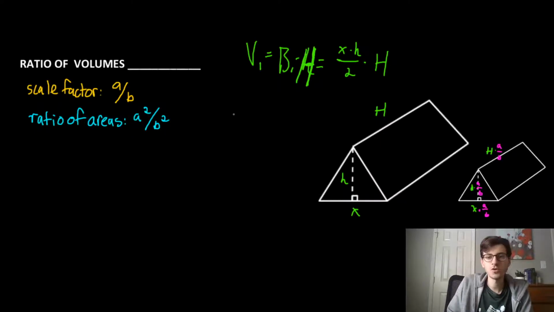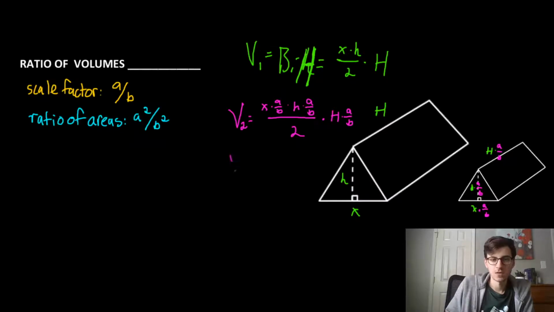So then the volume of my second figure is x times a over b times h times a over b divided by 2 times big H times a over b.